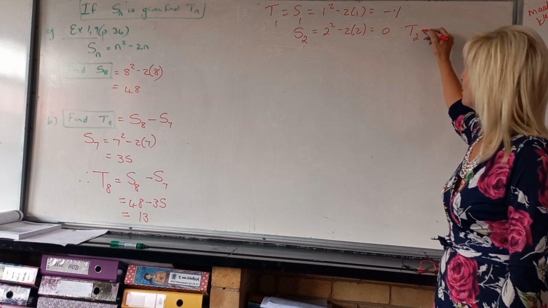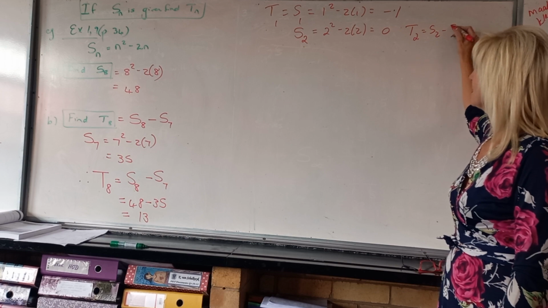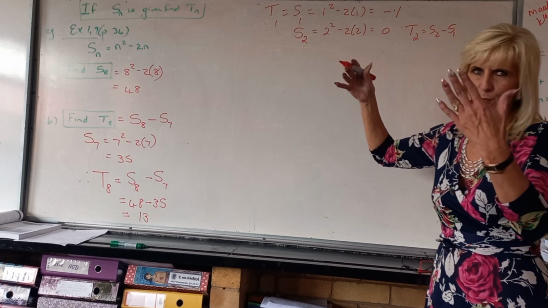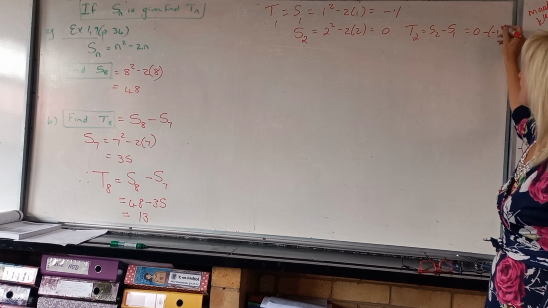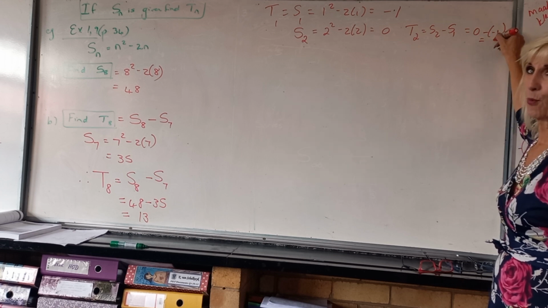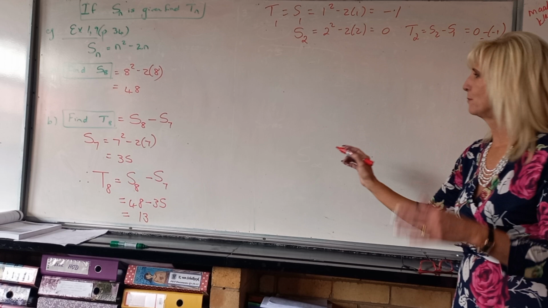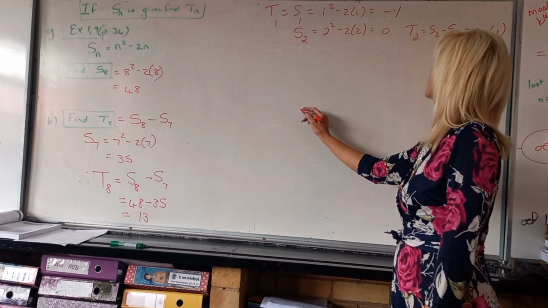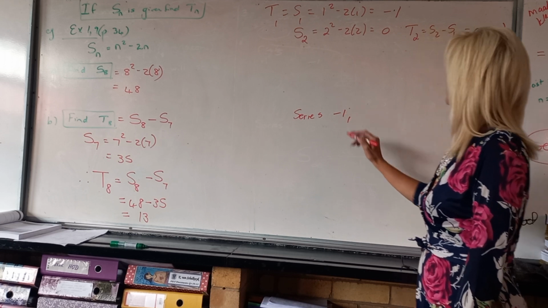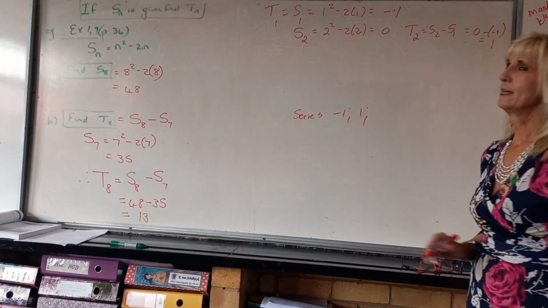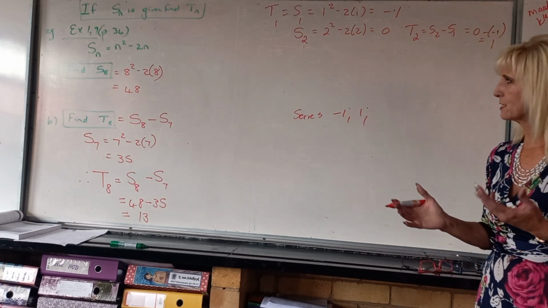The term 2 would be S2 minus term 1, which will then be 0 minus (-1), giving me 1. I'm getting somewhere. So my series starts looking like -1 and then 1. Now we've got to double check because I can't just assume anything.